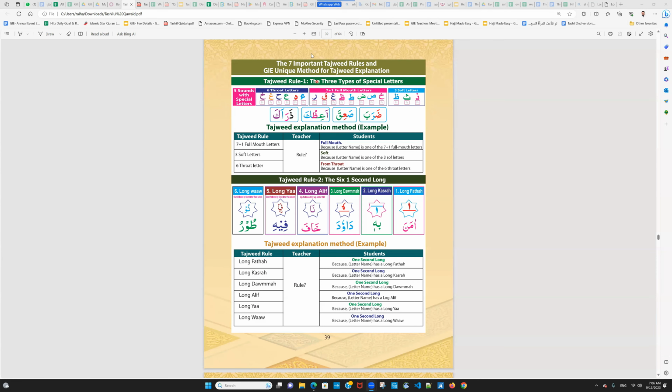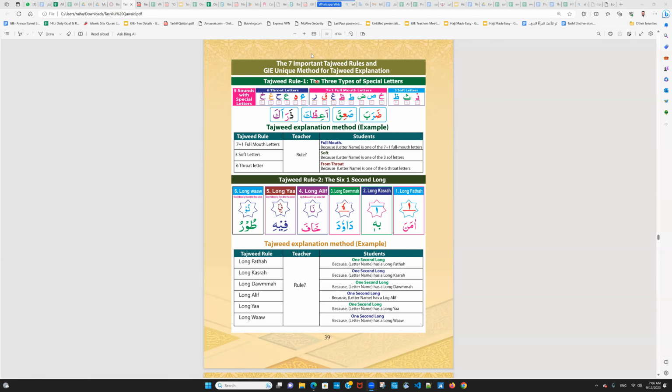Remember the method name: letter by letter with rules without spelling. How to do it? A student is going to learn this word, for example, Hamza, rule throat letter, because Hamza is one of the 6 throat letters. Ain, rule throat letter, because Ain is one of the 6 throat letters.